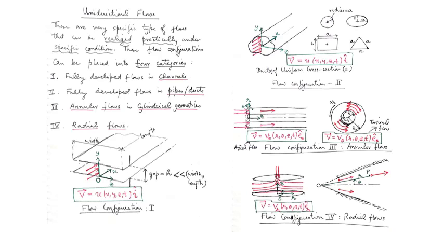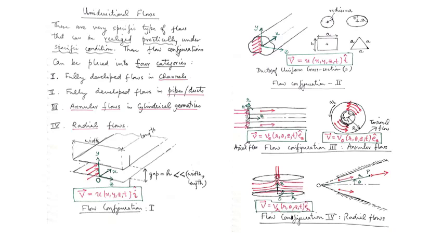So the fluid particles would have this kind of velocity field. It means that the velocity of every particle I can write as a velocity vector with only a theta component, so v theta.